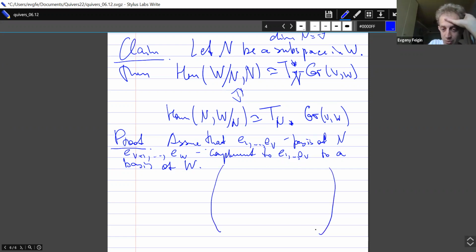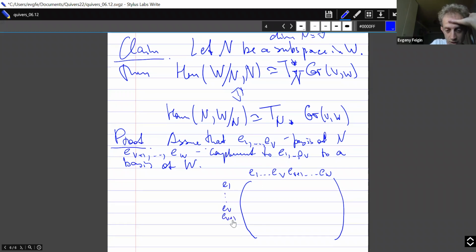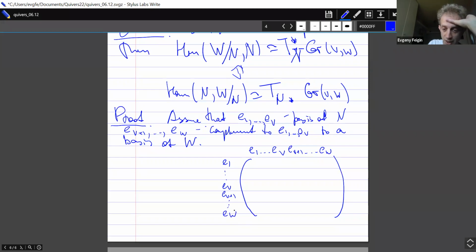It is a matrix of size V times W, so here we have V columns and W rows, with basis vectors E1 up to Ev, Ev plus 1 up to Ew.